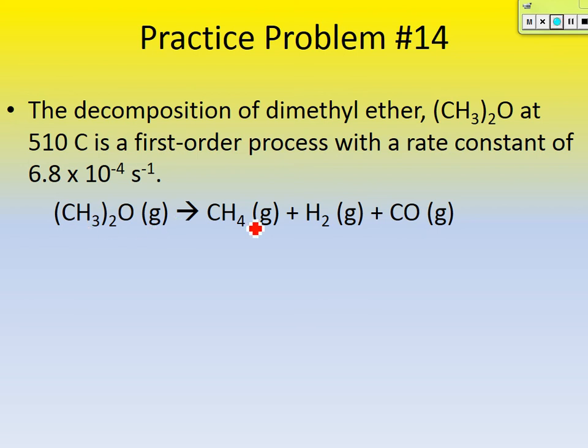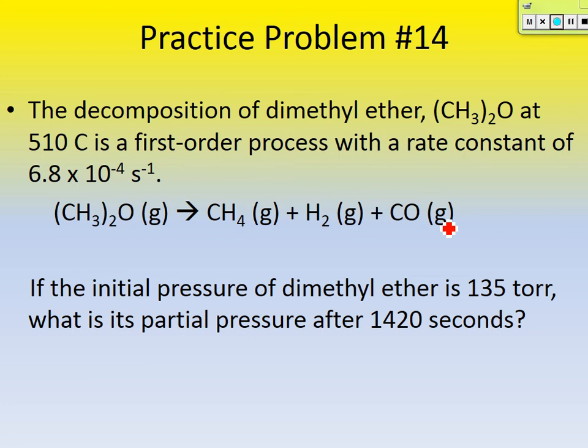It's decomposing. Looks like it's forming some methane gas, some hydrogen gas, and some carbon monoxide gas. Let's answer this question. If the initial pressure of dimethyl ether is 135 torr, what is the partial pressure after 1,420 seconds?